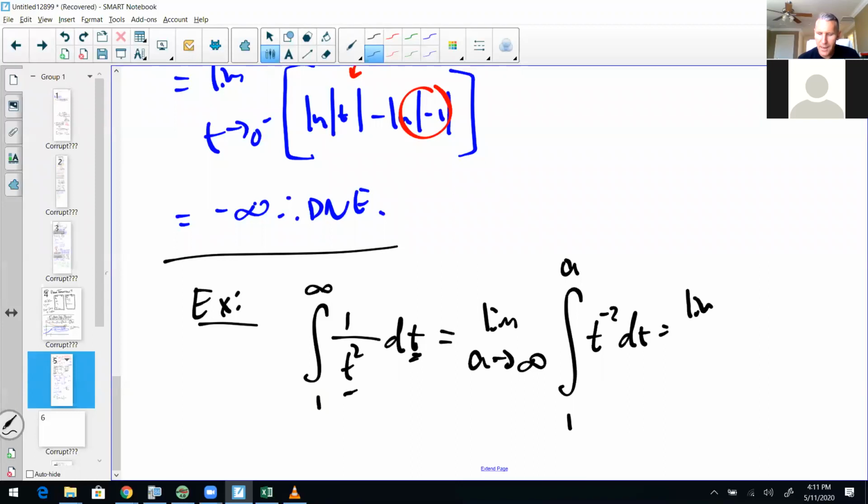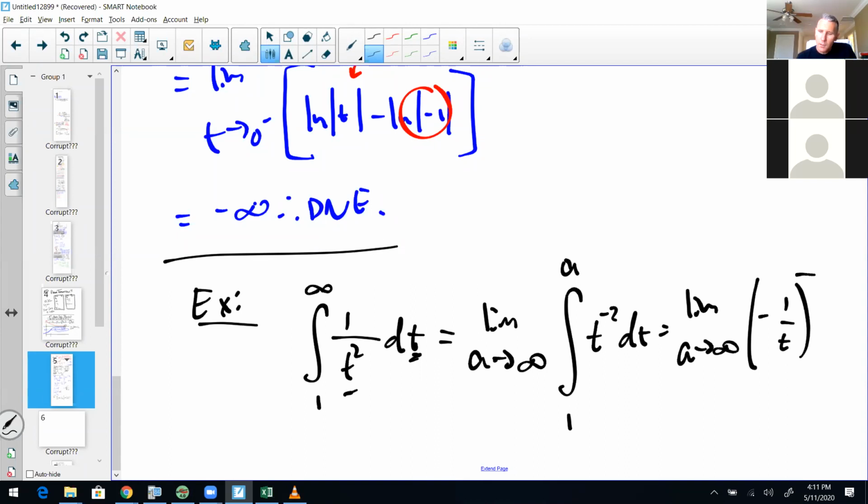So this is the limit as a approaches infinity of, what's the antiderivative of t to the negative second? Somebody speak to me. Negative t to the negative 1. Good. And that's going from 1 to a.